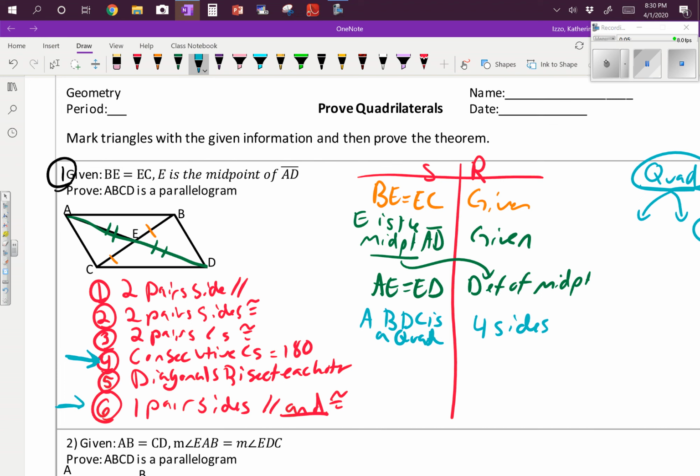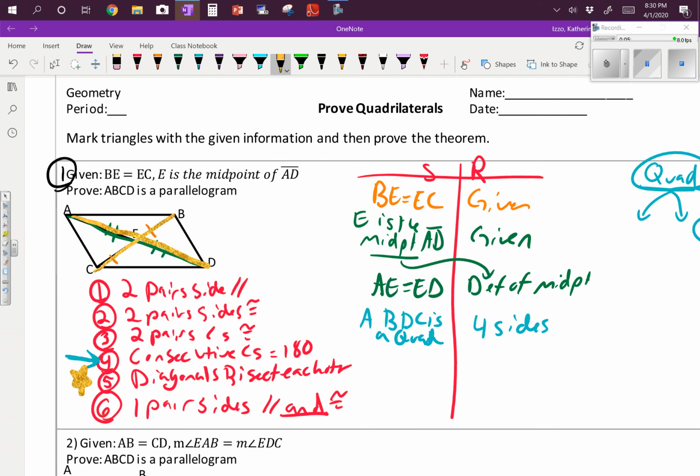This guy's not too hard to prove because I could just prove this triangle and this triangle, and then I'd prove those by the angles from CPCTC and sides from CPCTC. So I could do it that way. However, the easiest way to do this is diagonals bisect each other. Diagonals are what cut diagonally through the shape.